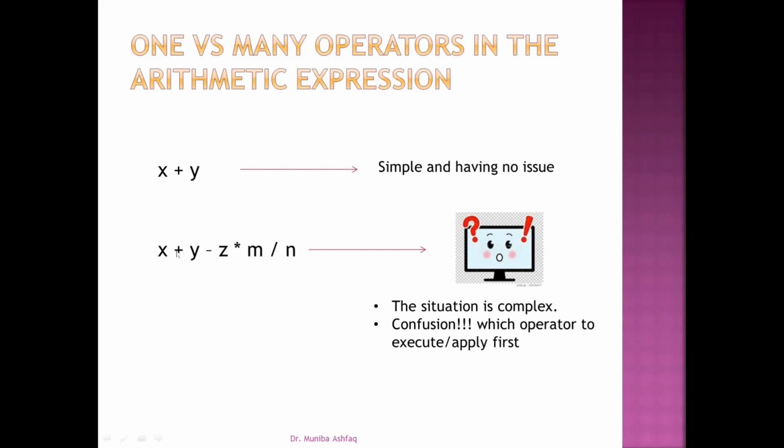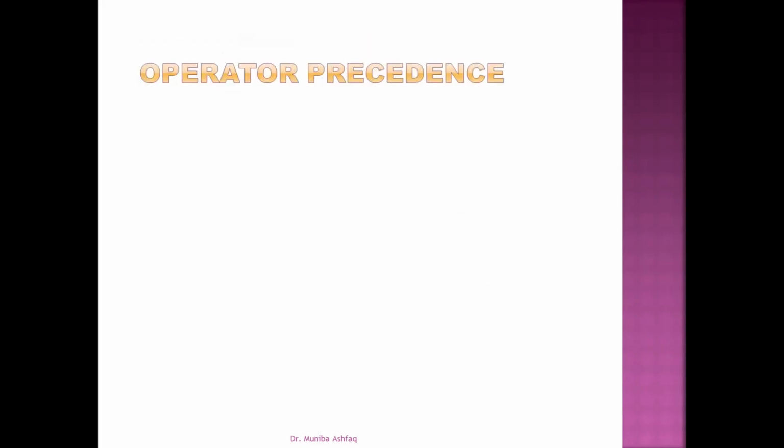Either plus, minus, multiply, or divide. In this case, the situation is complex and there is confusion about which to apply first. So for that problem, we have a solution: in C++ programs, we have operator precedence.